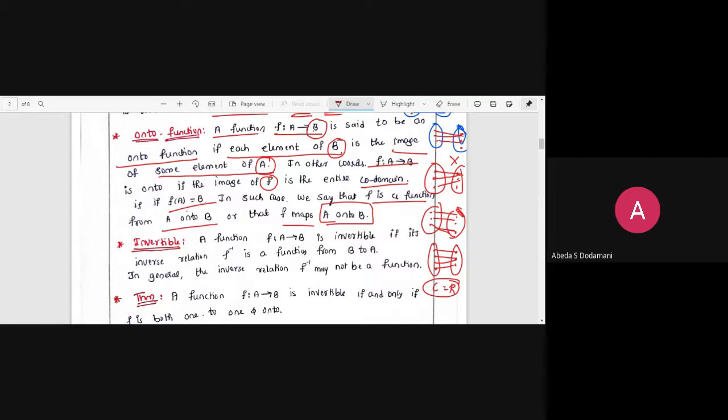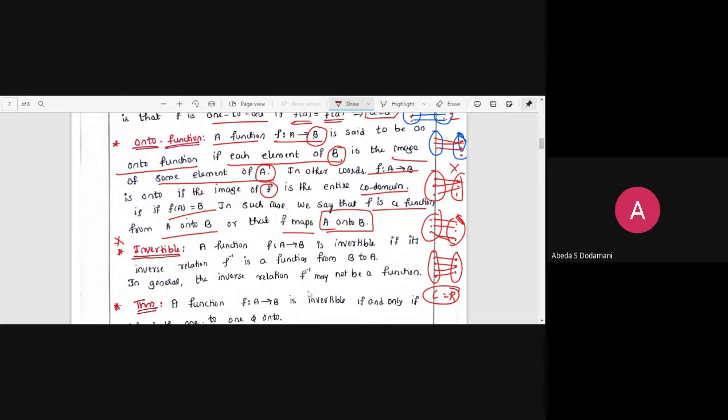That's the meaning. Okay. So now next thing is invertible. What is invertible? A function f from A to B is invertible. It's very important to note. If its inverse relation, f inverse is the function from B to A. So there should be an inverse relation. I'm talking about relation now.